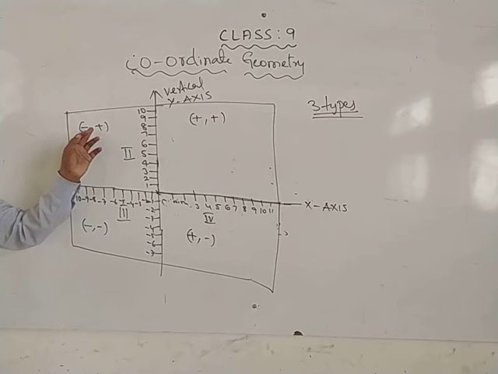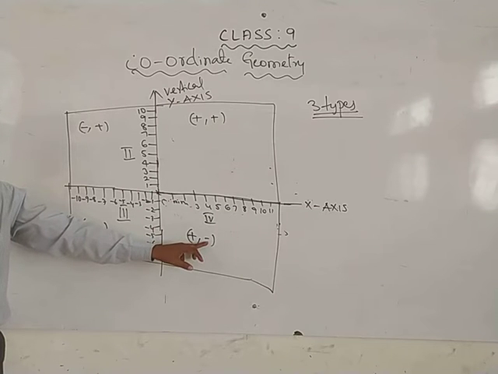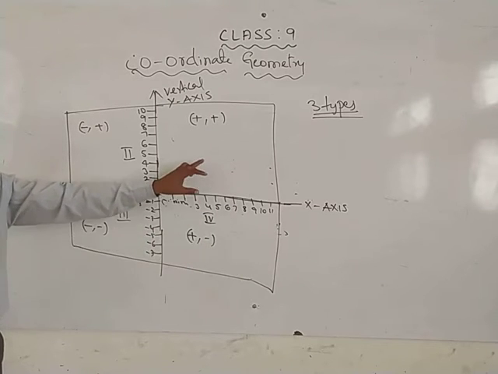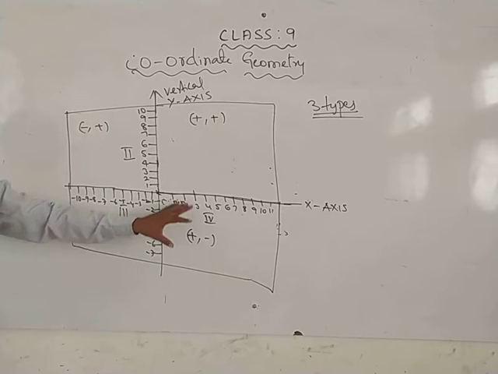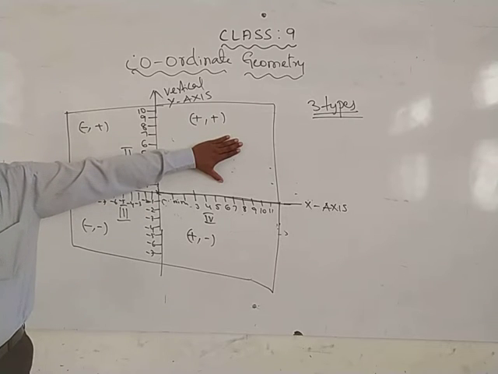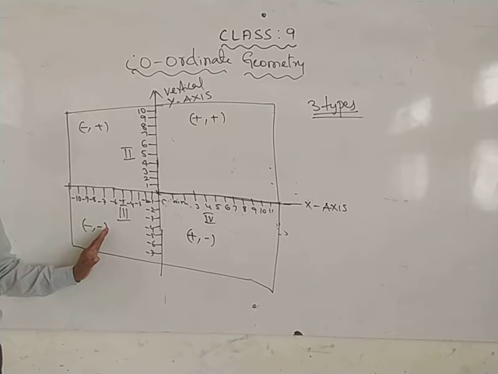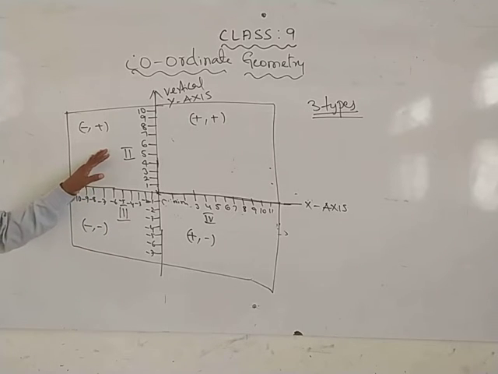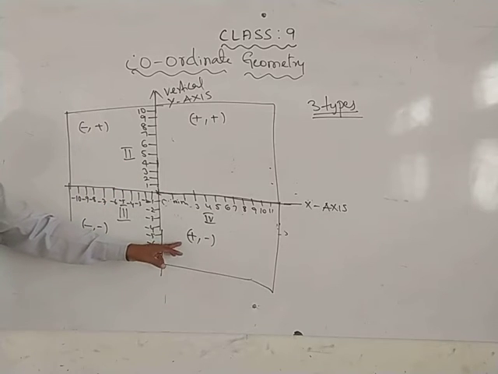In the second quadrant y is positive, but in the fourth quadrant y is negative. So how to remember this? It's very simple. In the first quadrant both are plus. Opposite, third quadrant both are negative. In the second and fourth, alternate: first one is minus, second one is plus, and reverse.